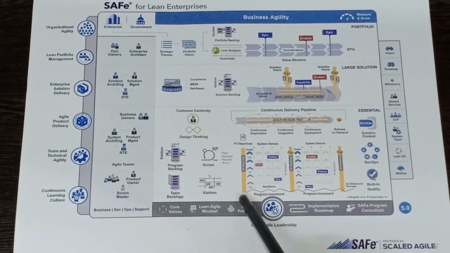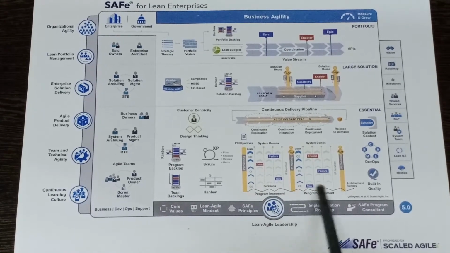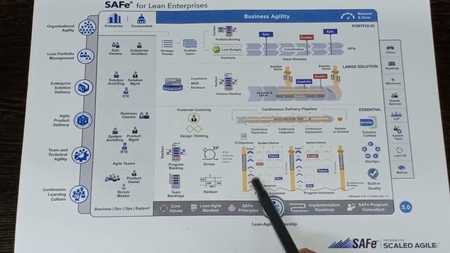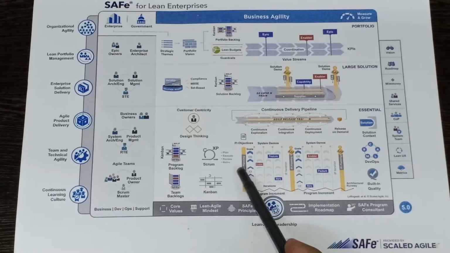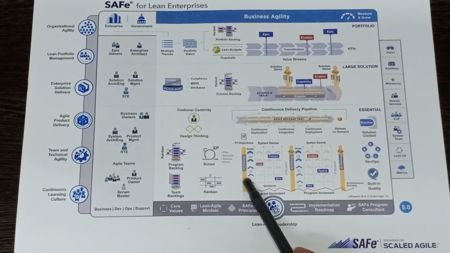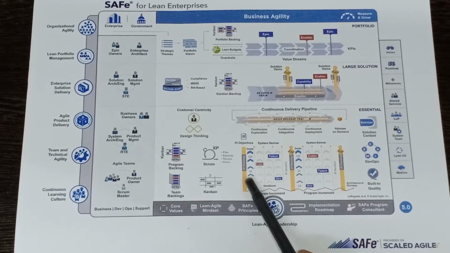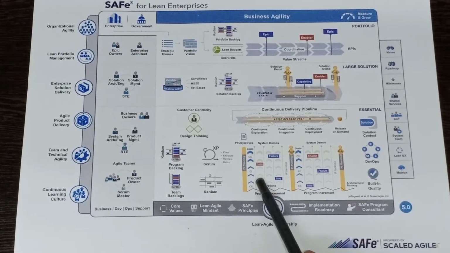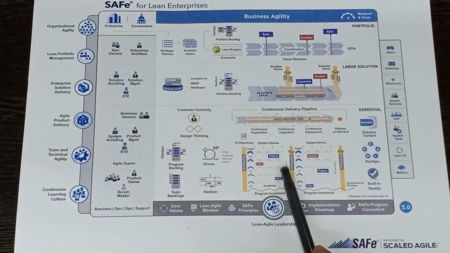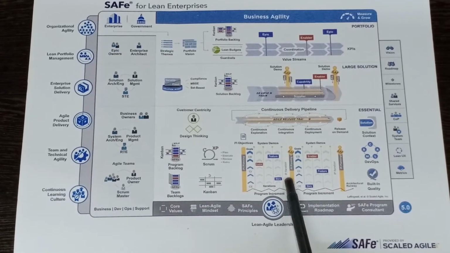And if you see this, the PI planning goes for 5 iterations. Each iteration is typically 2 weeks in duration. What you are seeing is iteration 1, 2, 3, 4. After the 4th iteration, there is one special iteration we call the IP iteration.